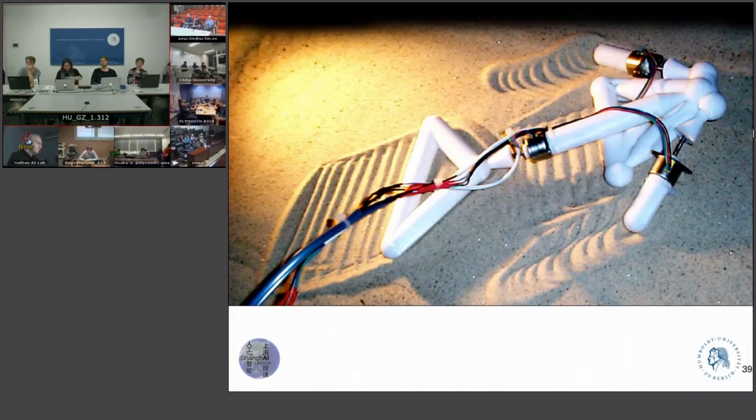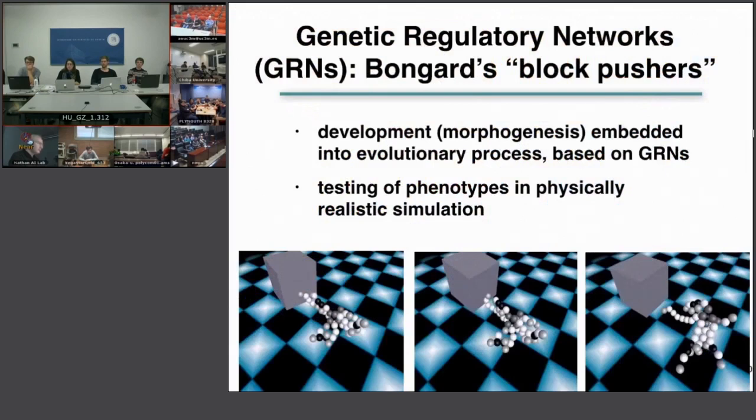And I think I'm running out a bit of time, but I just want to show you some other example of how we can not only evolve the controller, but also the structure. And that's some work of Josh Bongard. There is a recorded guest lecture of Josh, so if you're interested, you can just have a look at it. It's linked from the Shanghai Lectures website. And here, some genetic regulatory networks were used to encode the structure and growth processes of this agent.